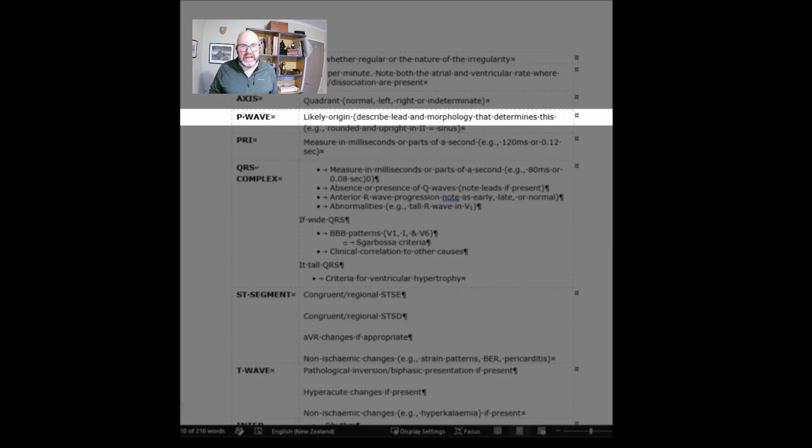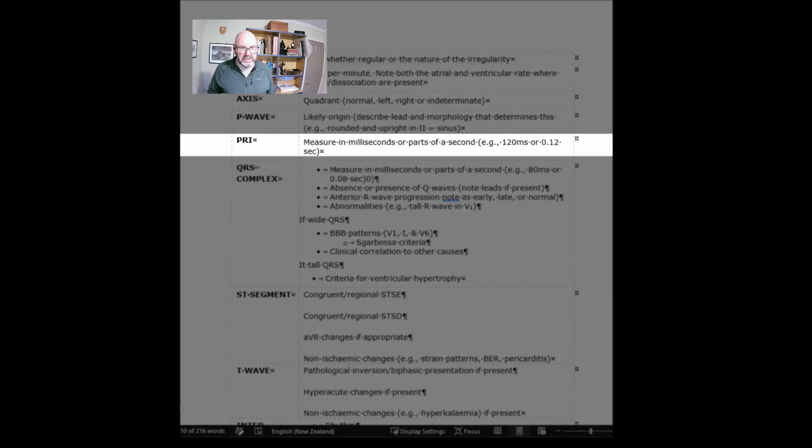In other words, an upright and rounded P wave in lead 2 is associated with a sinus rhythm. So, alterations in P wave polarity are associated with other atrial pacemaker sites, while alterations in the morphology of a positive P wave may be clues to things such as atrial enlargement or overload.